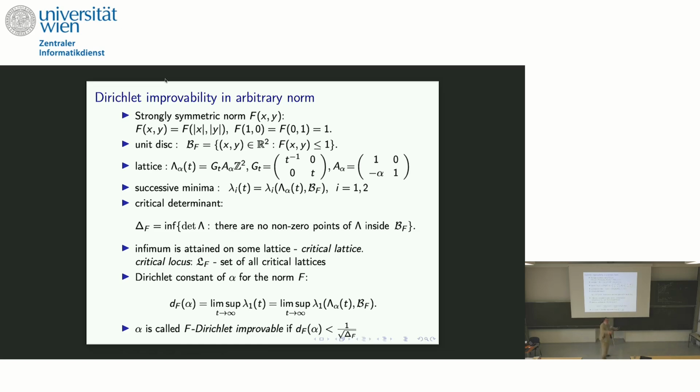The norm should be symmetric, there should be central symmetry, but we need some additional symmetry. Here we put absolute values, and a technical condition that the points (1,0) and (0,1) lie on the unit ball, just to make it easier.